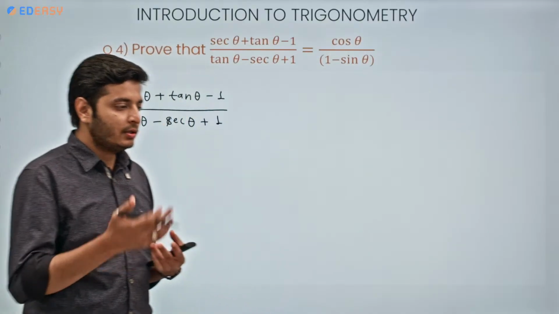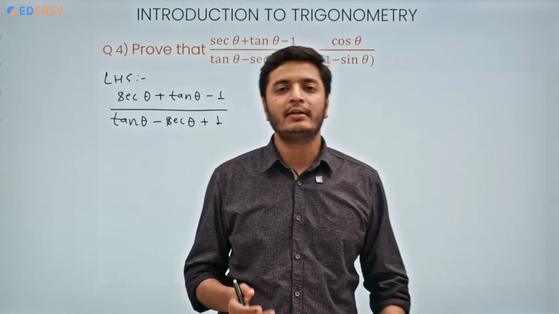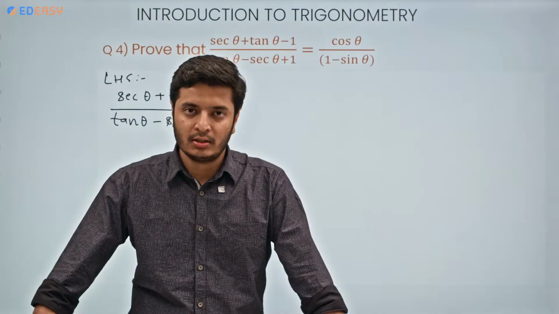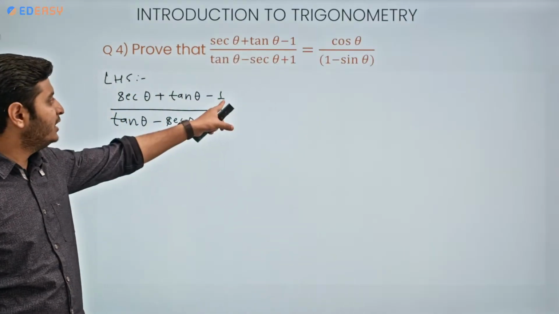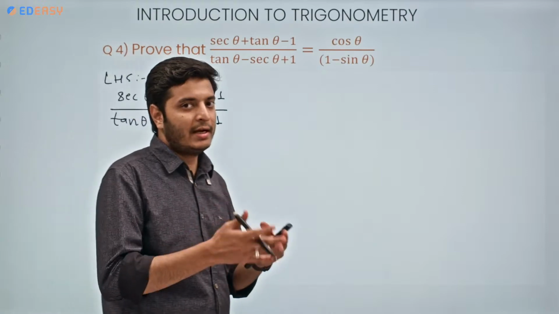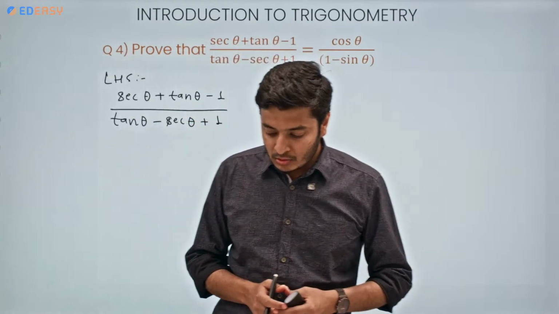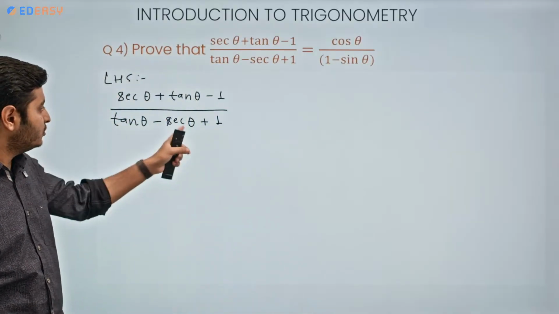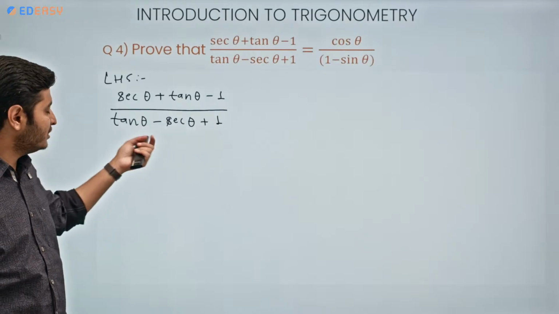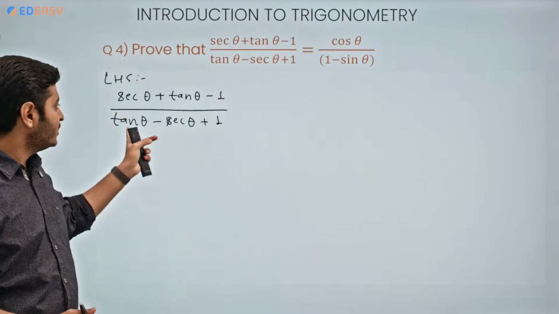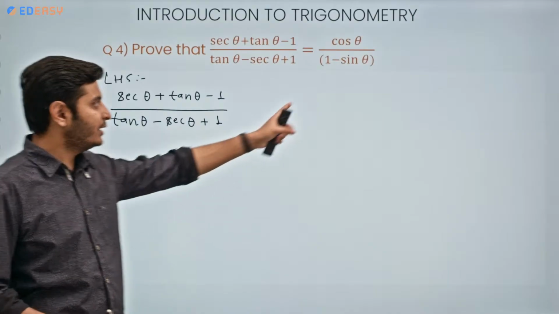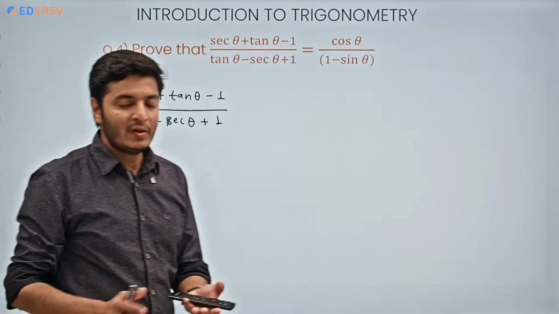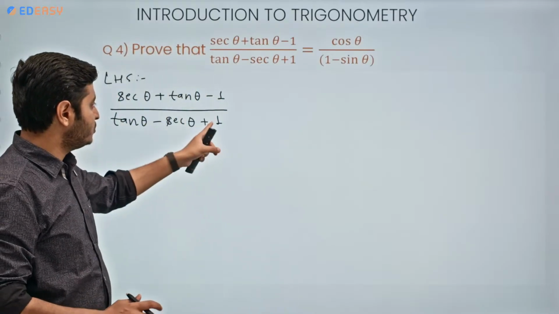If I transpose tan square theta to the right side, the identity will become what? 1 equals secant square theta minus tan square theta, correct? So in place of this 1, I will put that identity here. Why am I doing this? Because I need to get rid of this whole tan theta minus secant theta plus 1 thing. I want only 1 minus sin theta, and in the numerator only cos theta is there. So I need to eliminate these two things, correct?